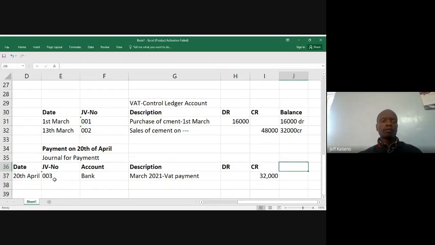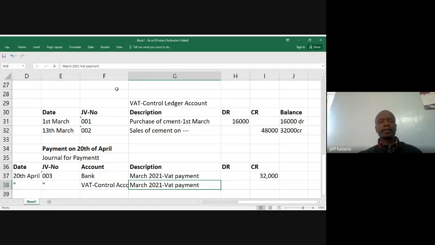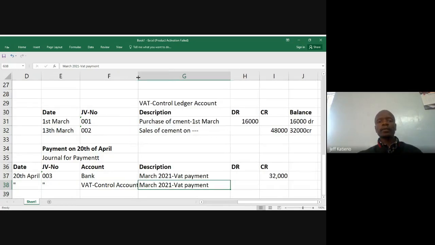Then you still have this here, and then you have the VAT control account.